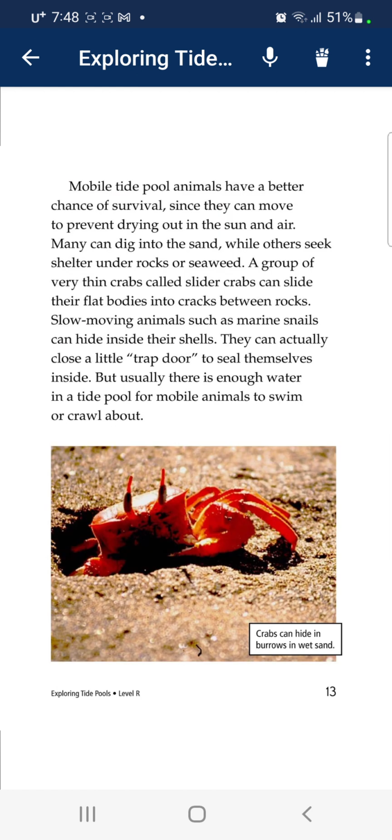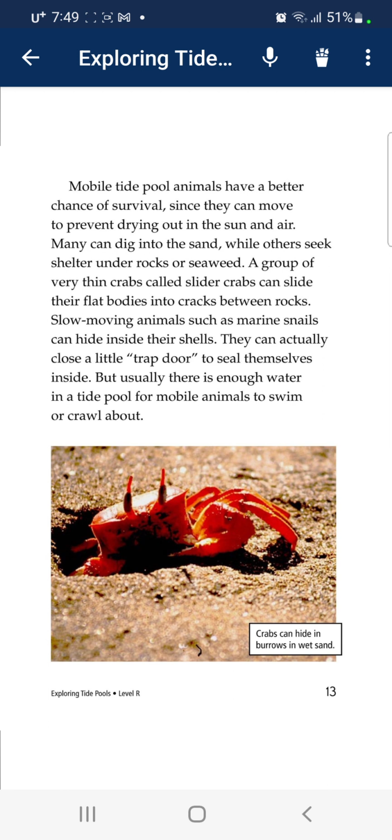Mobile tide pool animals have a better chance of survival, since they can move to prevent drying out in the sun and air. Many can dig into the sand, while others seek shelter under rocks and seaweed.